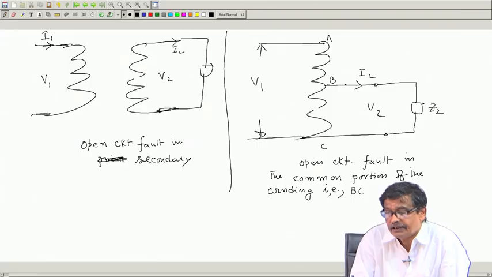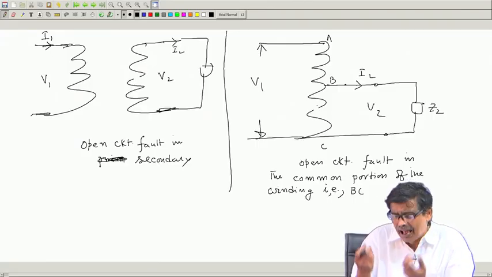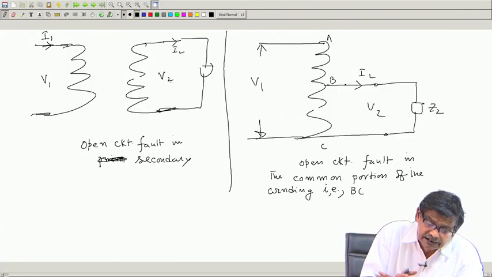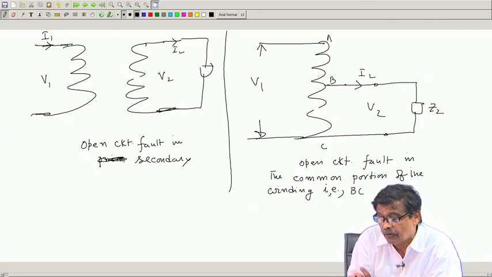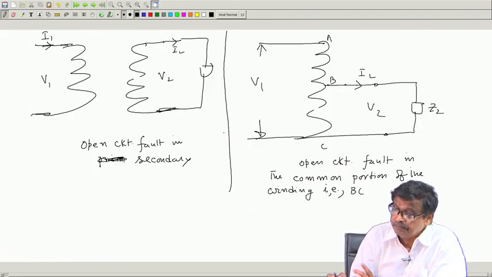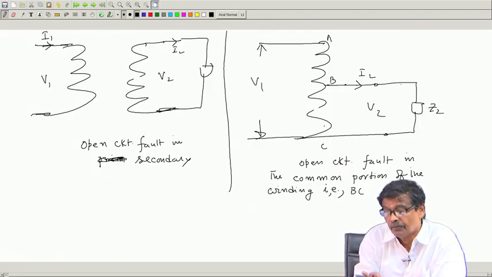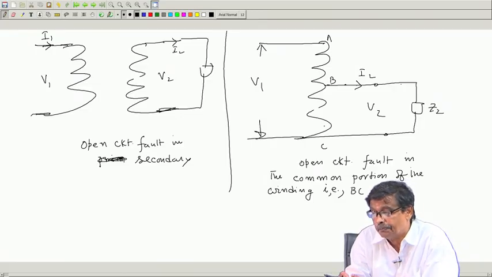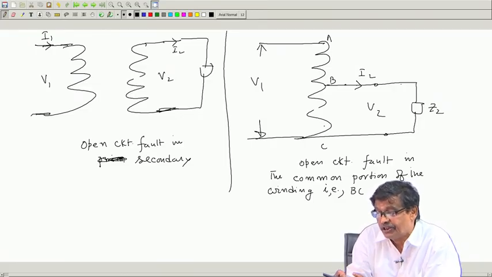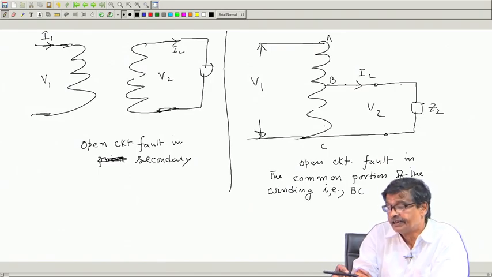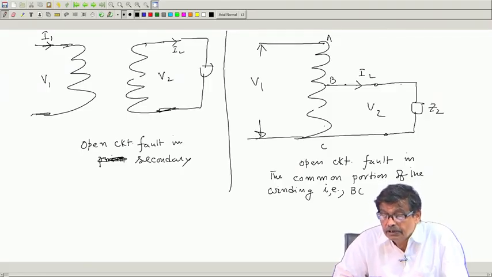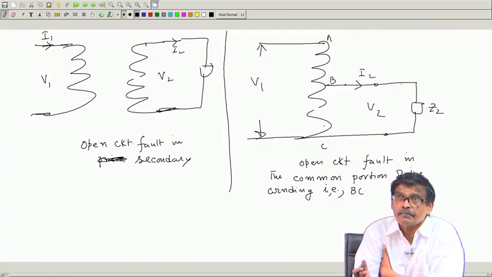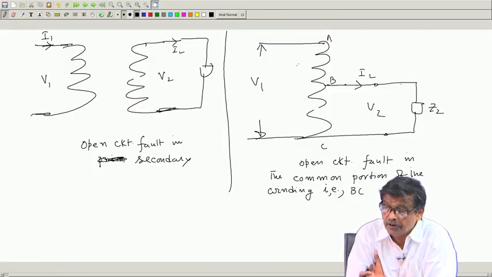Because some open circuit fault has taken place, which is not in your hand. It may happen in a 2-winding transformer as well as in an auto transformer. Then what happens? By this ohmic contact in this path, there may be higher voltage coming of the order of V1 may creep across, may come across Z2, and if it is a critical load, your load goes, which requires a more or less constant voltage of level V2. Suddenly we will see, oh, V2 has gone up, trying to go up to V1 via this path.